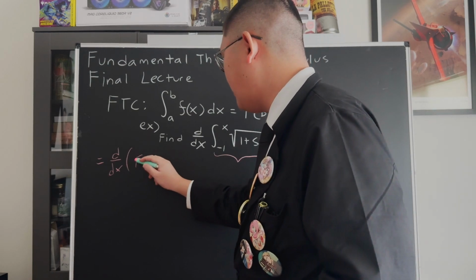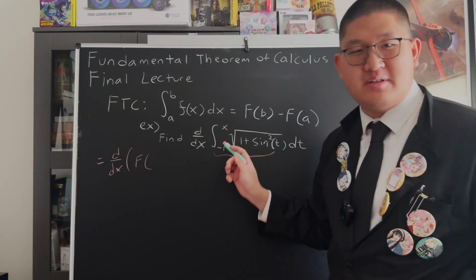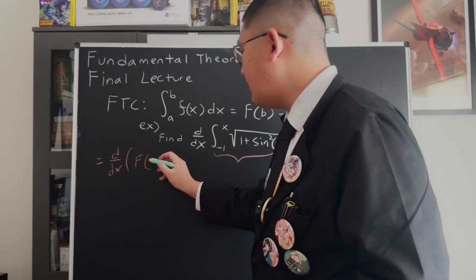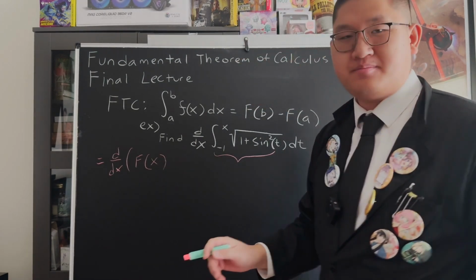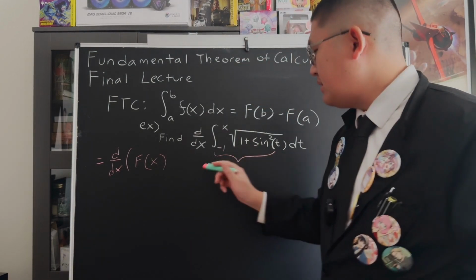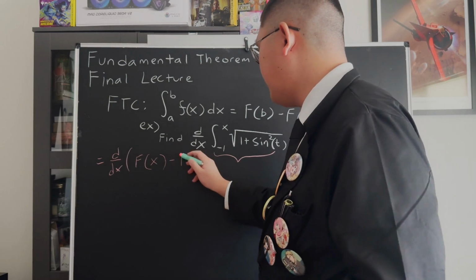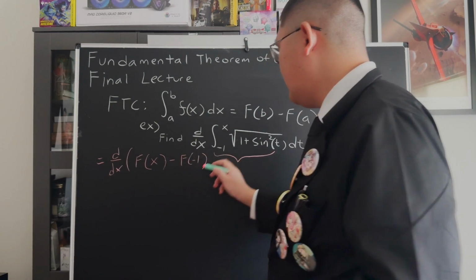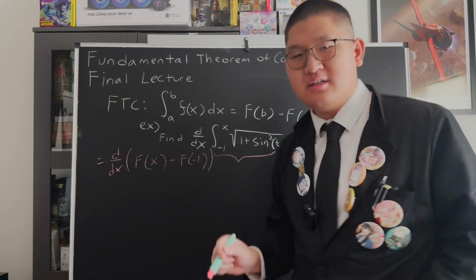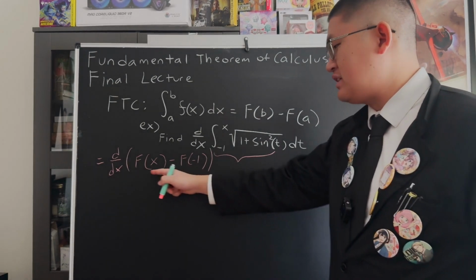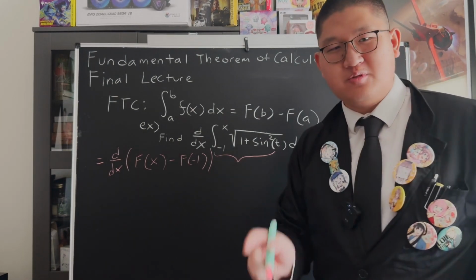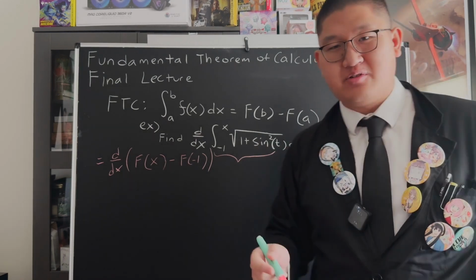We can call that capital F, but now we do have limits defined. We have capital F of x this time as a result of the integration, but now we must also subtract it from the capital F of -1. Again, it is that resulting integral function which we haven't found yet, but we do understand that some sort of function will arise from this integration.